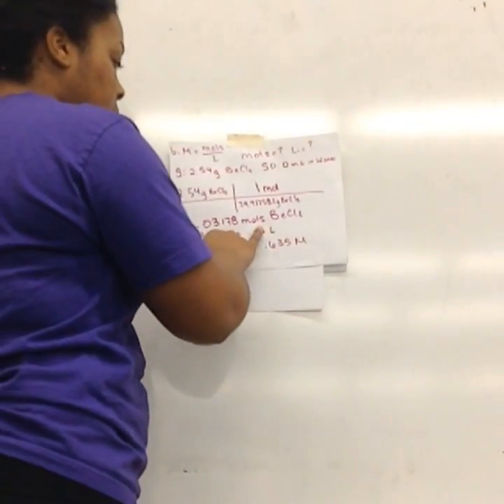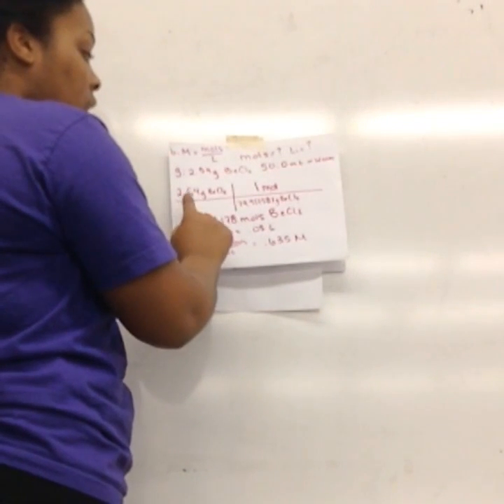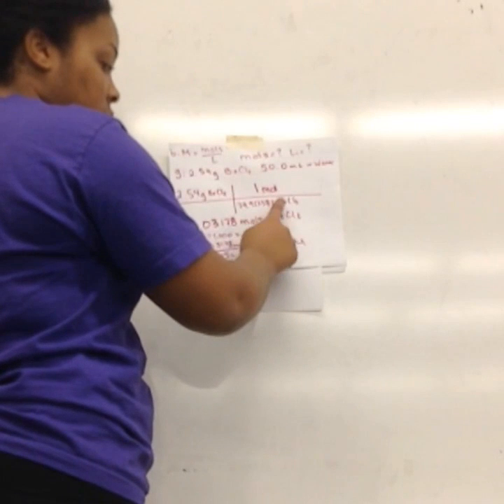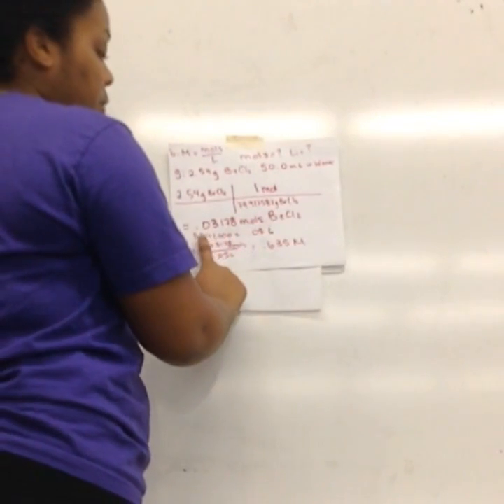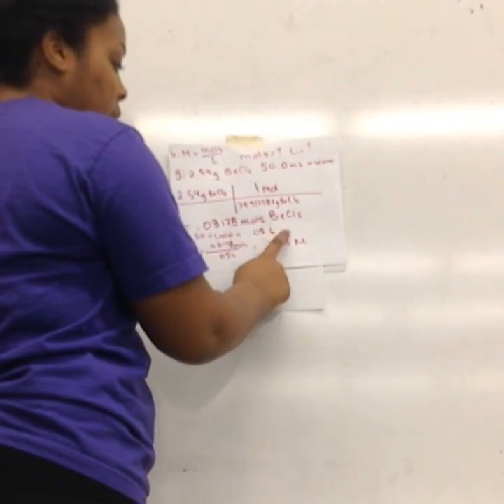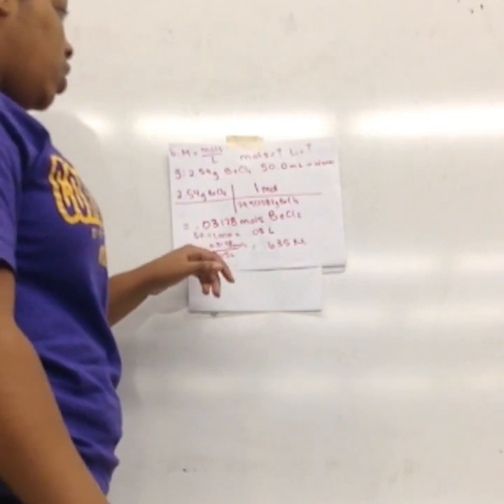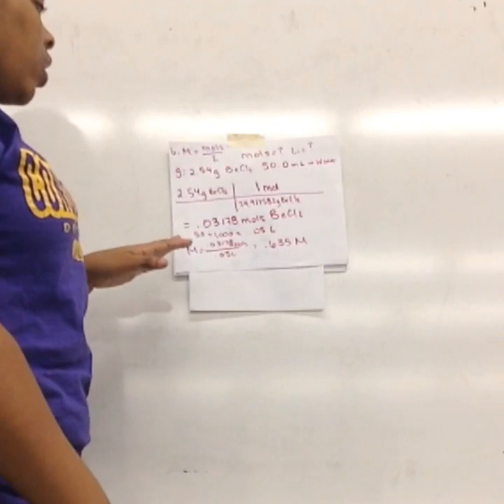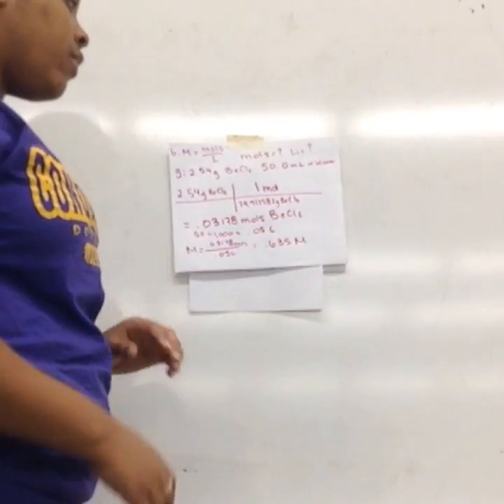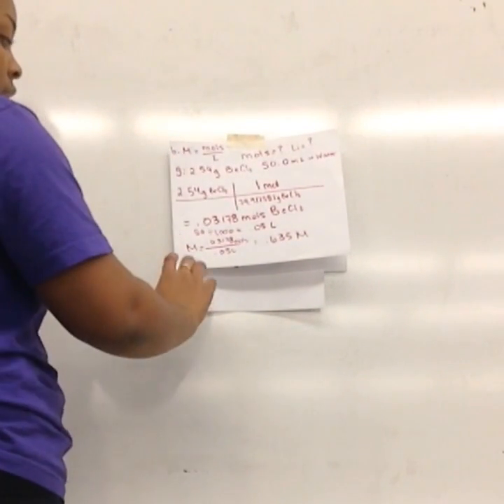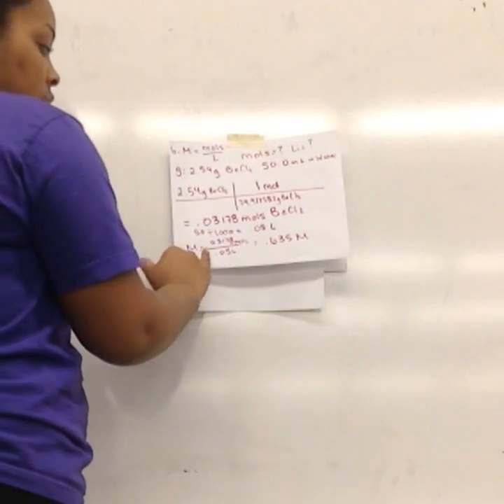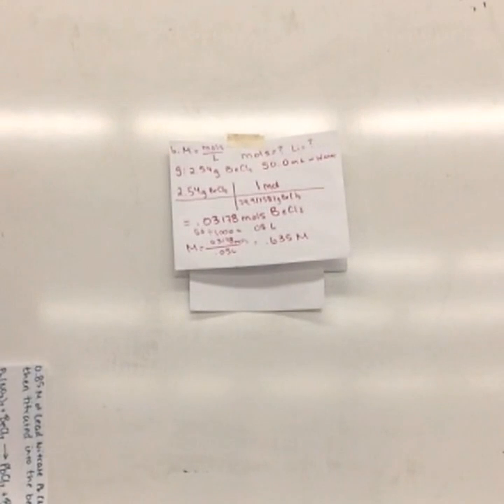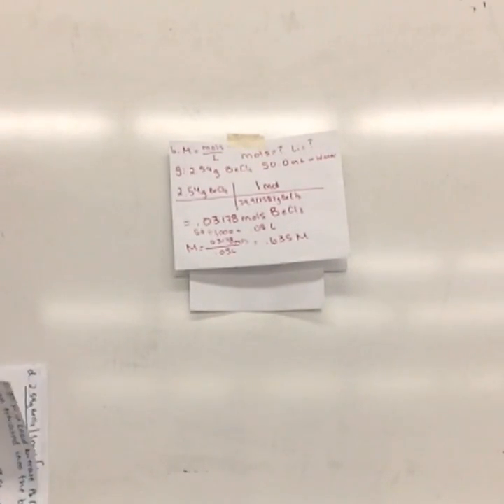So we want to find our moles, so you start off with the 2.54 grams that you're given, and then you divide it by the molar mass, which is equal to 1 mole, so simple stoichiometry, and then you get 0.03178 moles of beryllium chloride. And you take the 50 milliliters and you divide it by 1000 to get 0.05 liters, and then you take your moles over your liters, as you see there, for molarity, and you get an answer of 0.635 molarity.